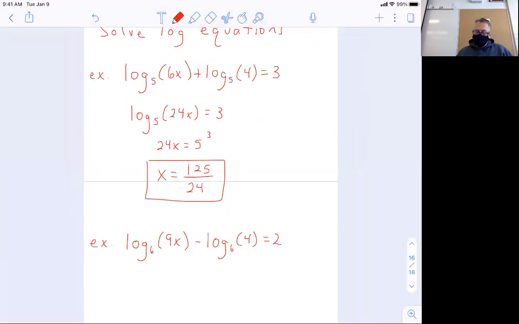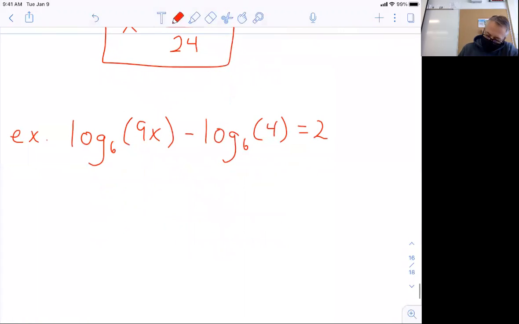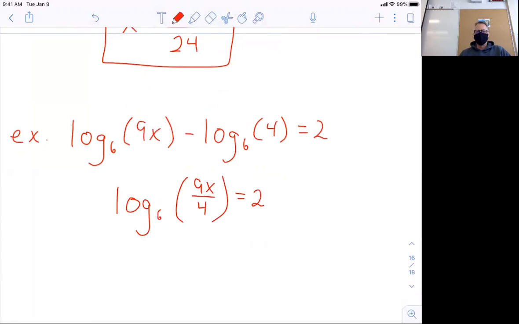So remember in our last one, the addition was multiplication when I combine them. The subtraction is going to be division. So the left side can be written as log base 6 of 9x over 4, 9x divided by 4, is equal to 2.